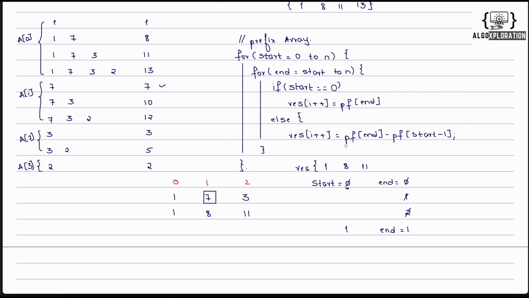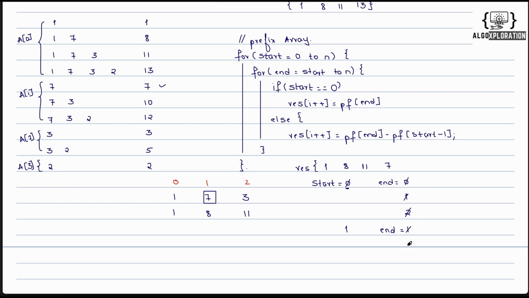Now it says pf of end, pf of 1, that will be 8, minus pf of start minus 1, that will be 0, and the value of this is nothing but 1, so simply subtract 1 from 8 and we will get our answer as 7. So 7 is getting stored.